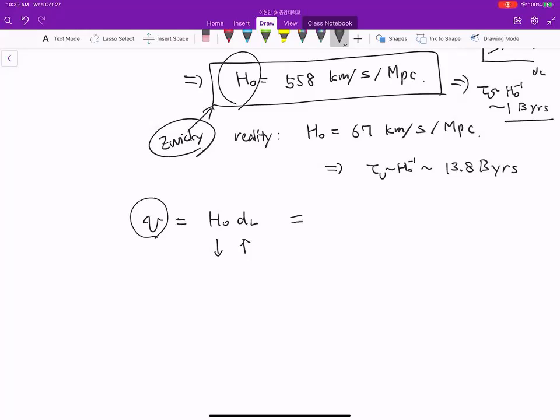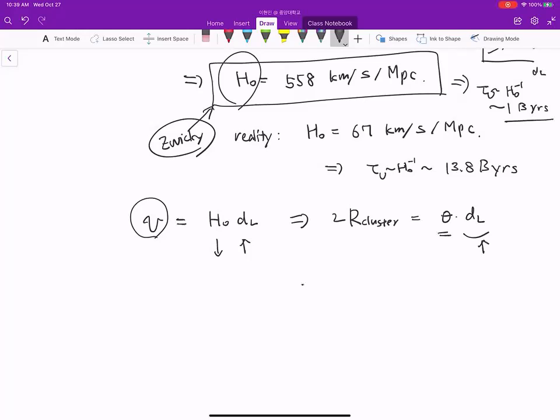Because of that, as I said, the cluster radius equals angle times luminous distance, and they measure the angular size of the Coma cluster. So theta is fixed, but what matters is the distance to the Coma cluster, and the distance gets larger by a factor of 10.